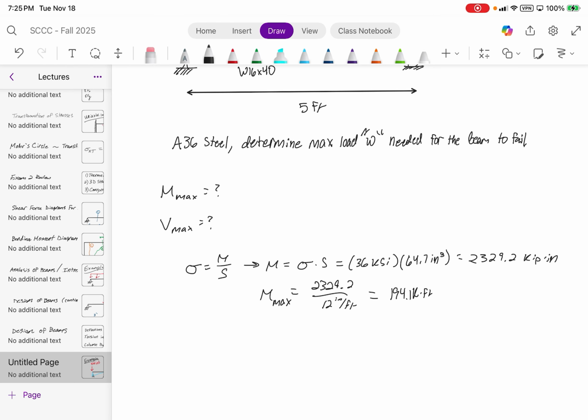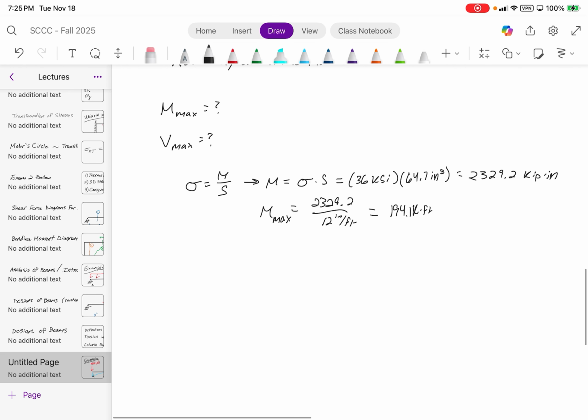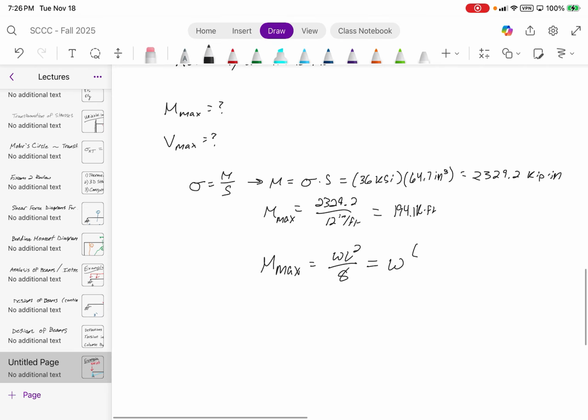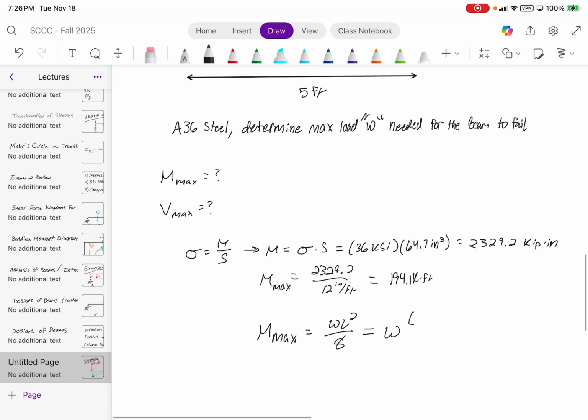Now, what does M max also equal? Let's say we did have W. What equation would we use? Yep. We know that M max is also equal to WL squared over 8. Which, when we plug in everything, we have W. L is going to just equal what? 5 feet.